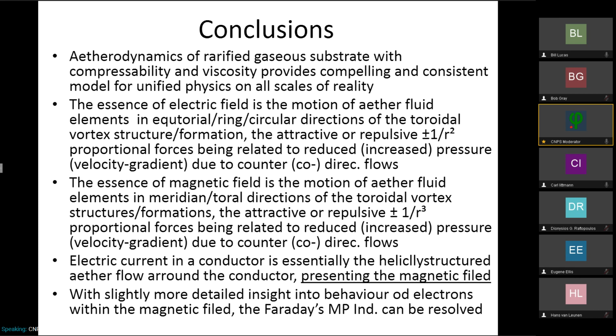Well, I don't think that the question is whether they can be generated. I think the question that Hans is getting at is that it's not a question of whether these things can be generated. Quite clearly, they can be. The question is not how they're generated, but what is the mechanism that is generating those toroids within Tesla's ether dynamics, because in order to generate a toroid, you might have to stick a plate in a swimming pool.